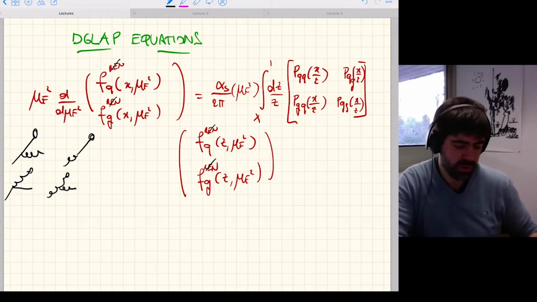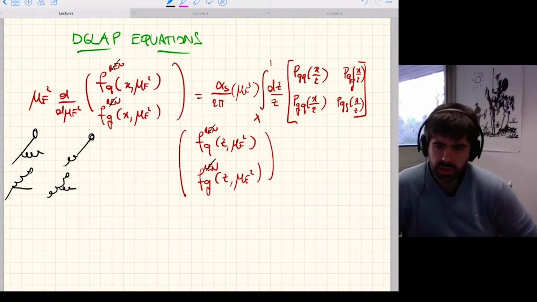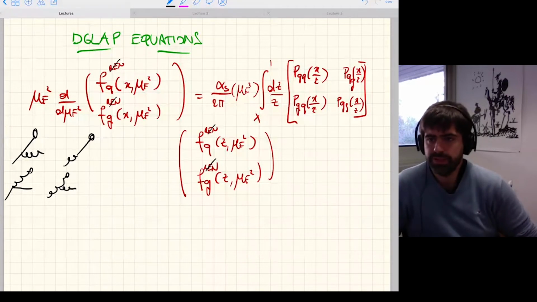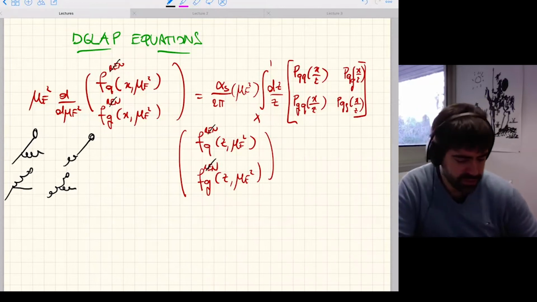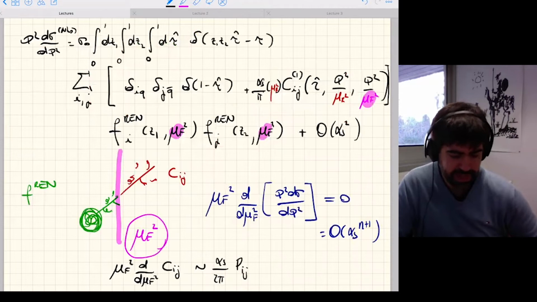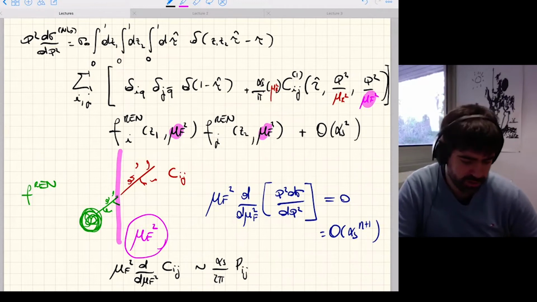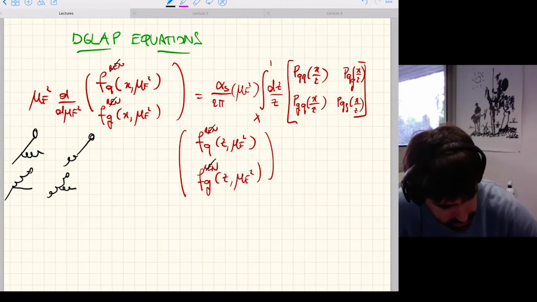So, okay, I want to say one more thing about PDFs. The factorization theorem that we wrote down to order alpha_s can be generalized to all orders.